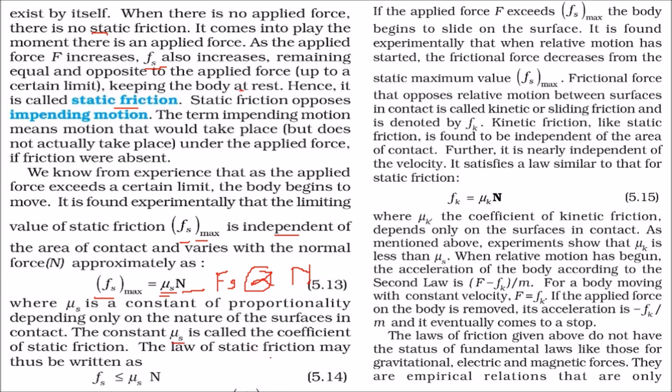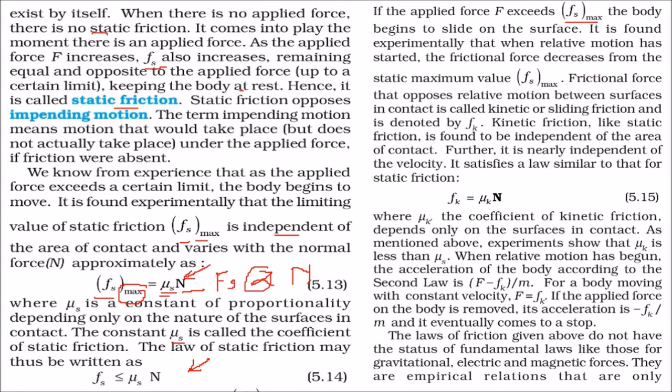The law of static friction can be written as Fs is less than or equal to mu s N. When it becomes equal, you are judging the maximum static force. If the applied force exceeds this Fs max, the body is going to slide. It starts moving, below which it is not going to move.